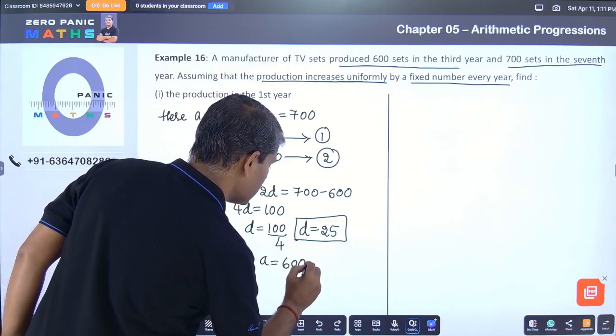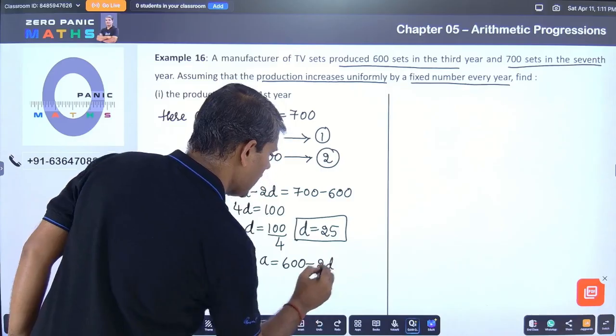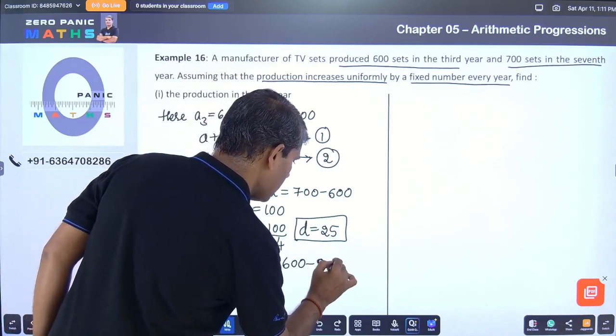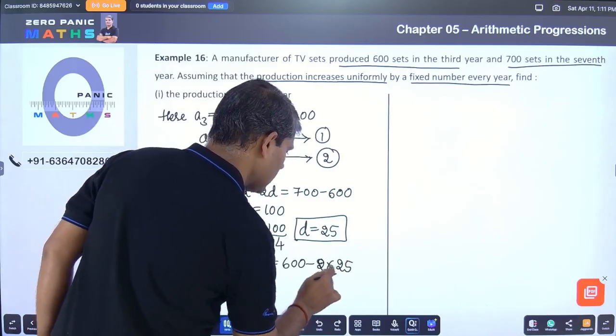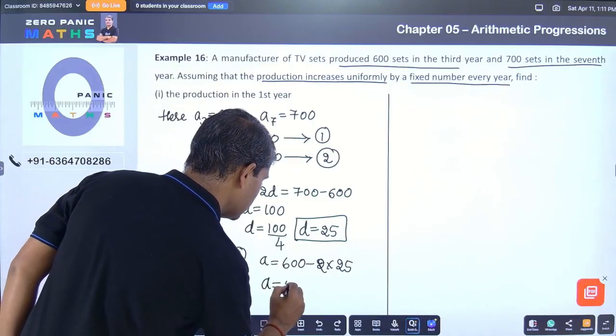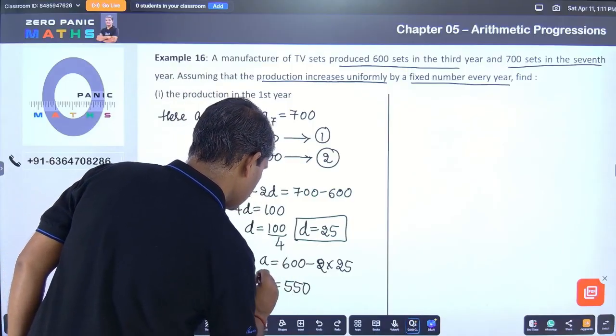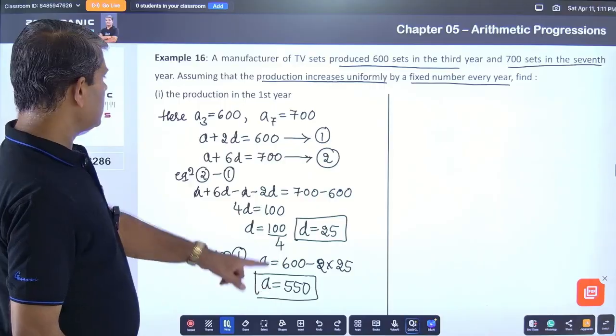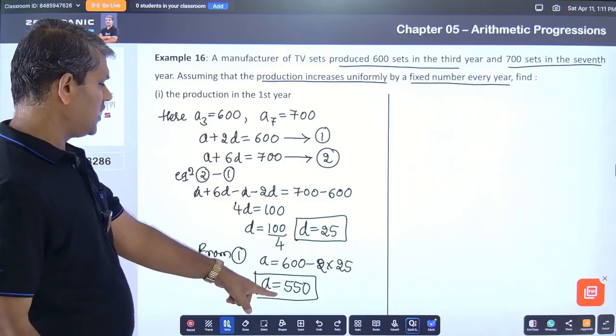And d is 25, so 2d is 50. 600 minus 50. So A is 550. The production in the first year is 550.